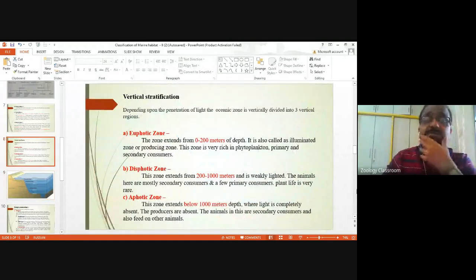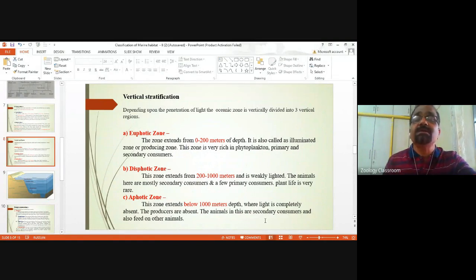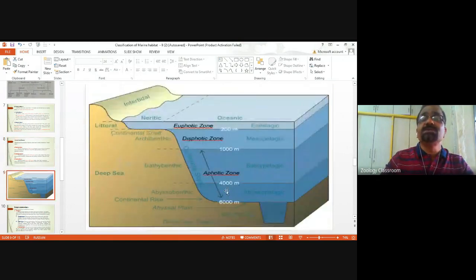Producers are totally absent, and the animals here are secondary consumers, all the carnivorous organisms. So this is how the vertical stratification on the basis of the penetration of light is: euphotic zone, dysphotic zone, and aphotic zone.